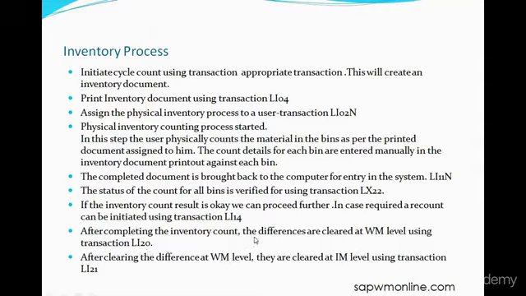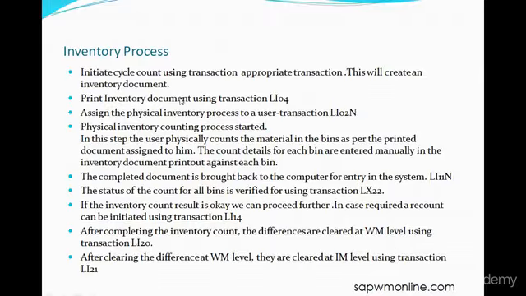So even if the system inventory and the physical inventory match and there is no difference whatsoever, you have to logically complete the inventory process that you have initiated by a step called clearing the differences at WM level, and you do it by transaction LI20. So after LI20, your inventory document goes in a status cleared, and the bins or the material is released for normal picking, put away, whatever.